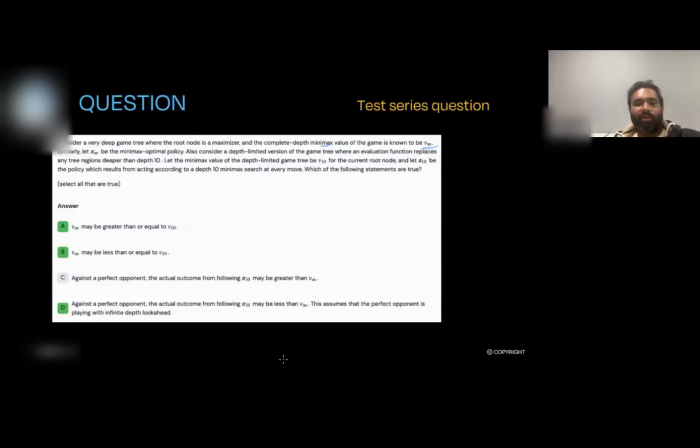This assumes that the perfect opponent is playing with infinite look ahead. So yes, the actual outcome of following pi 10 will be less than or equal to V alpha against a perfect opponent, definitely. If you play pi 10, the search strategy according to the depth limited search, that will be definitely worse against the perfect opponent if you are not doing the total search. So D is correct.